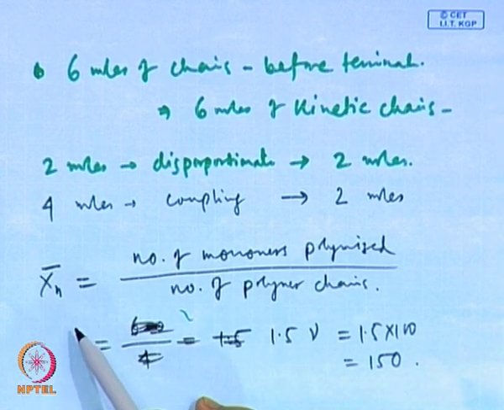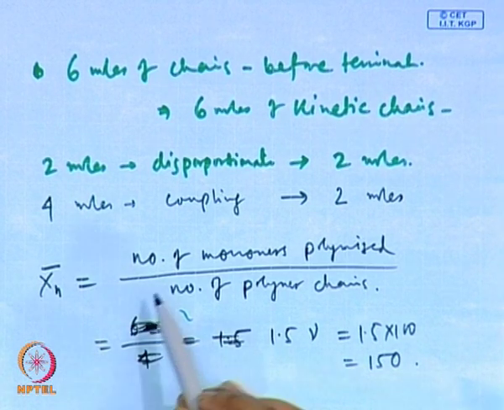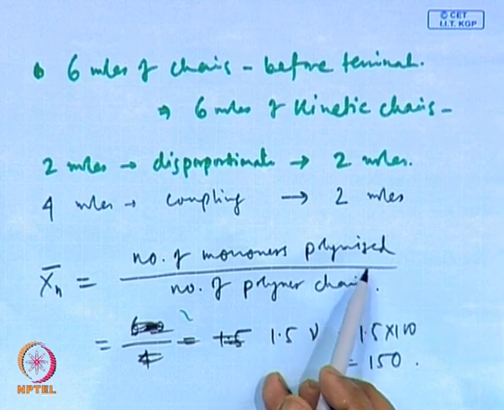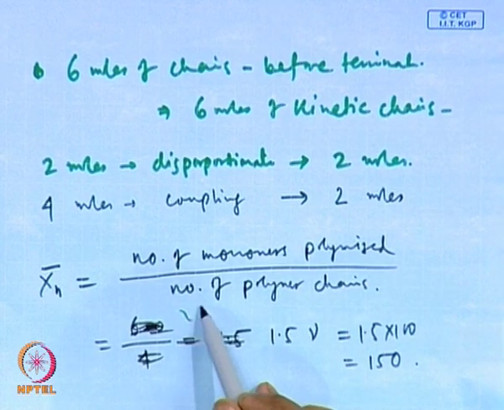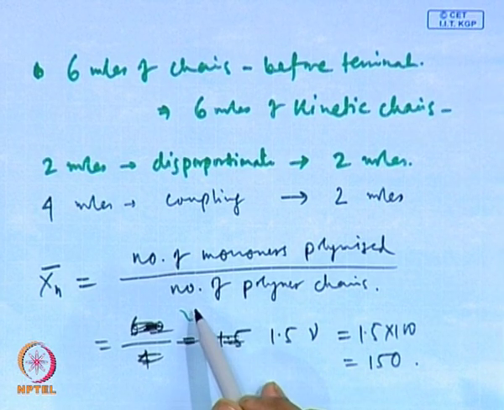Now, remember in the step polymerization case, what was x n bar, the average degree of polymerization? Again it was the number of monomer molecules polymerized divided by the number of molecules present at the end of the reaction. We have used that formula.